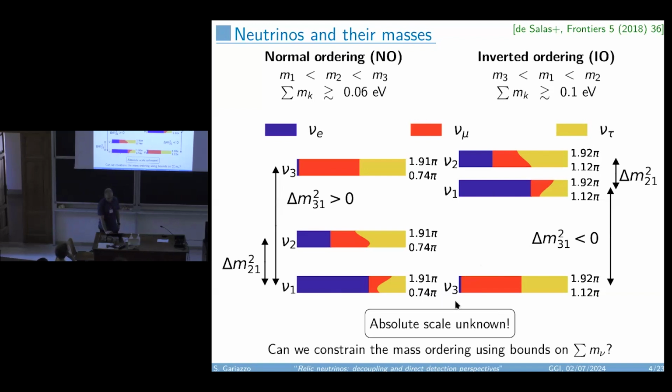In the inverted mass ordering, the mixing with the electron flavor is the smallest, so this is why we call it the inverted. The lightest neutrino mostly corresponds to the non-lightest leptons, let's say. So this was more or less the introduction about neutrinos, the important things that I will discuss later.